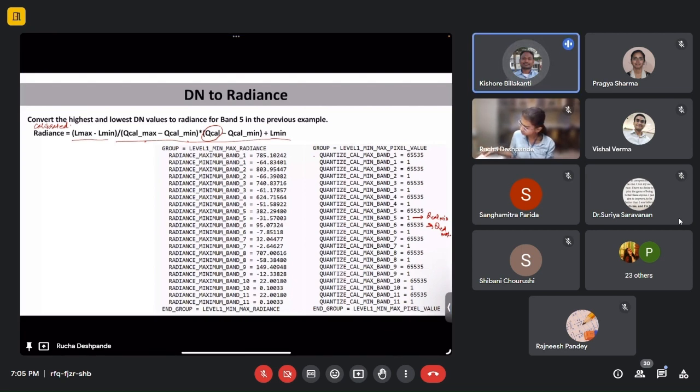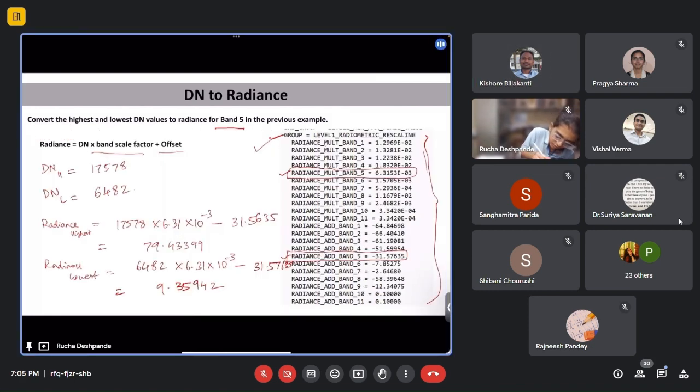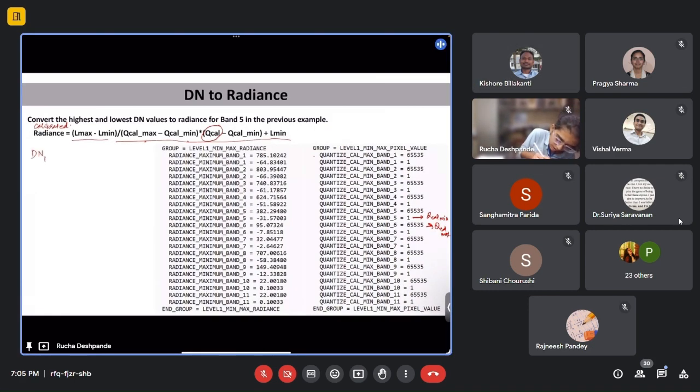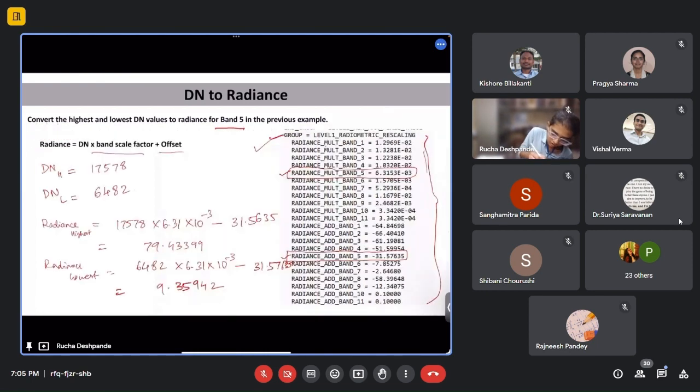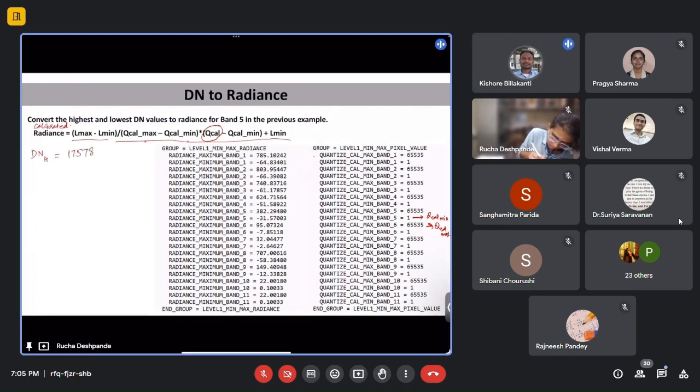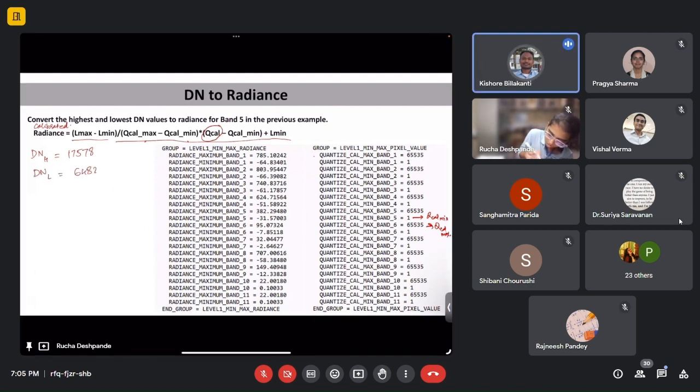The DN value we haven't given, right? We have given the minimum and the maximum, L min and L max. Yes, we were calculating this for the same DN values. So this is 175786482. That becomes 17578 is L max, and 6482 is L min, right?